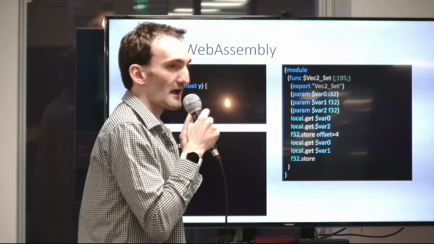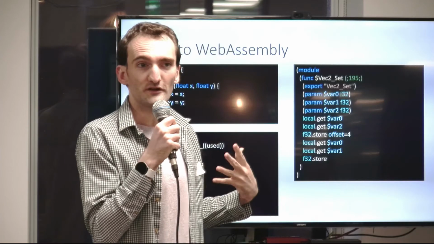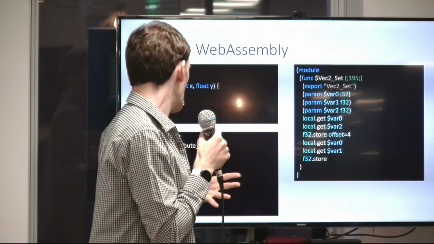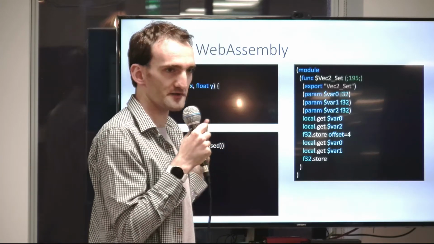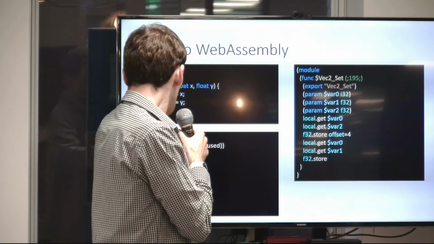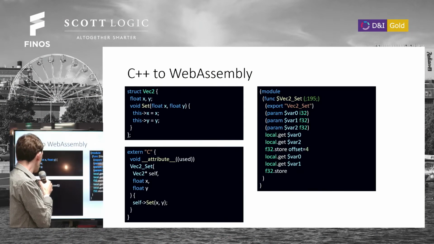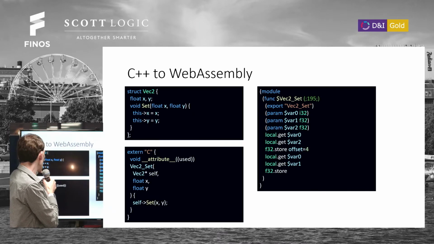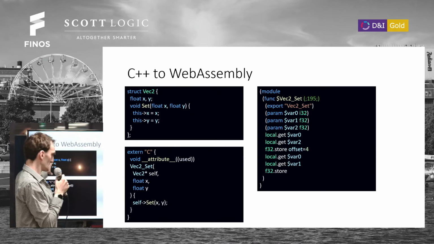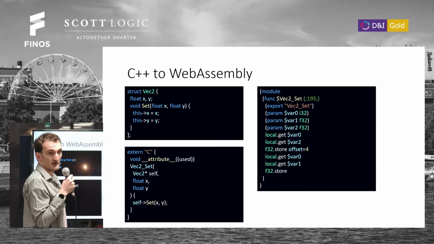Now the question is, how do we invoke that from JavaScript? What is the calling convention? So we like to use the C application binary interface. Everyone's agreed this is a great foreign function interface. So you have this bridge, this glue code, where if you want to invoke the C++ method set, you would create a C function vector2 set.